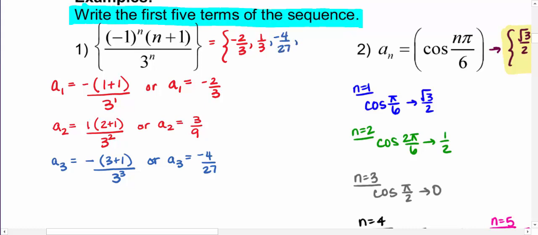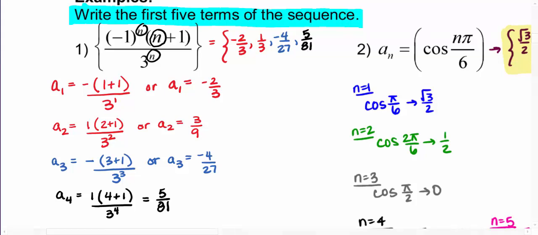Oftentimes they will ask for probably more terms than you'll want to find, just because it becomes very mundane. Put in a 4 for n, I get a +1. Put a 4 for n, and again, everywhere you see an n, there's 3 of them. So 4 plus 1 all over 3 to the 4th. So that would be 5 over 81.